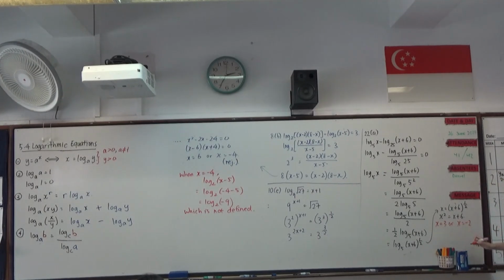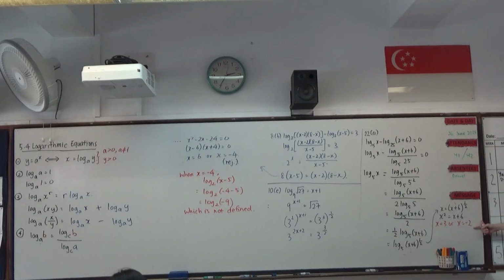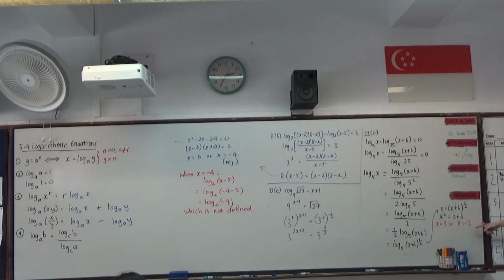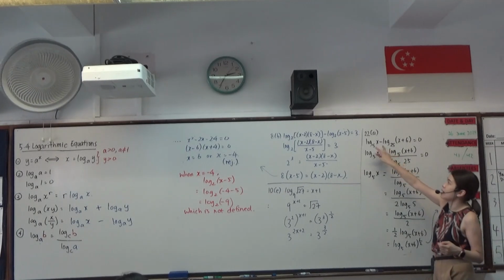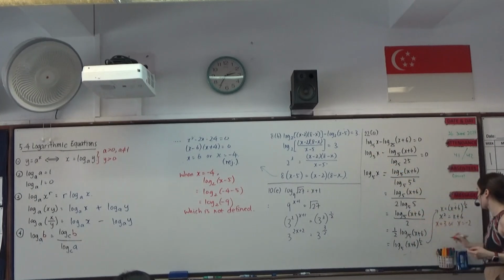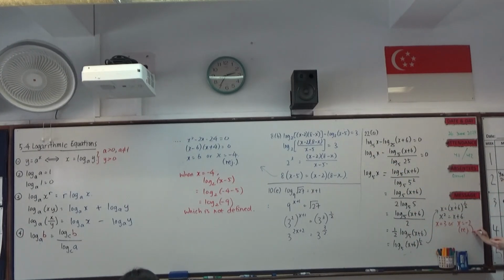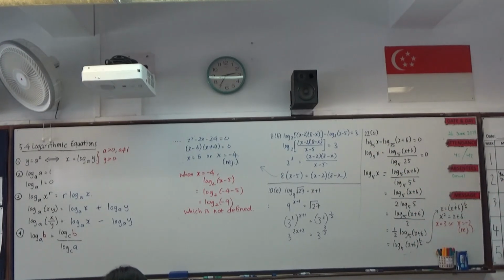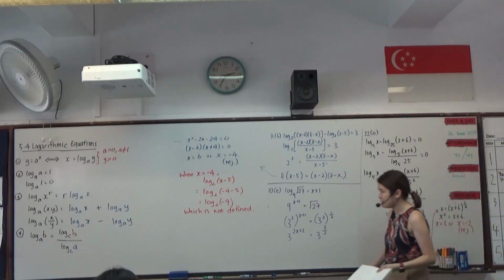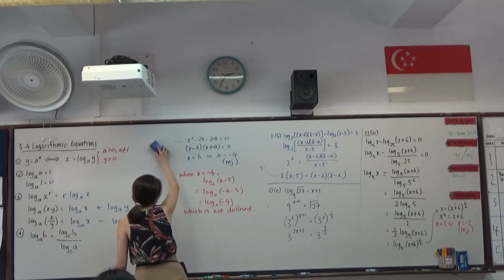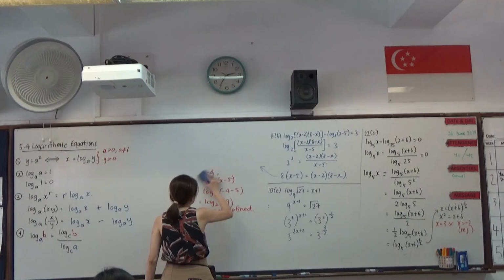I'm skipping all the steps in the solving part. So we have to reject x equals negative 2 because otherwise this will not be fine. Now I want us to look at part B to just wrap up for the day.